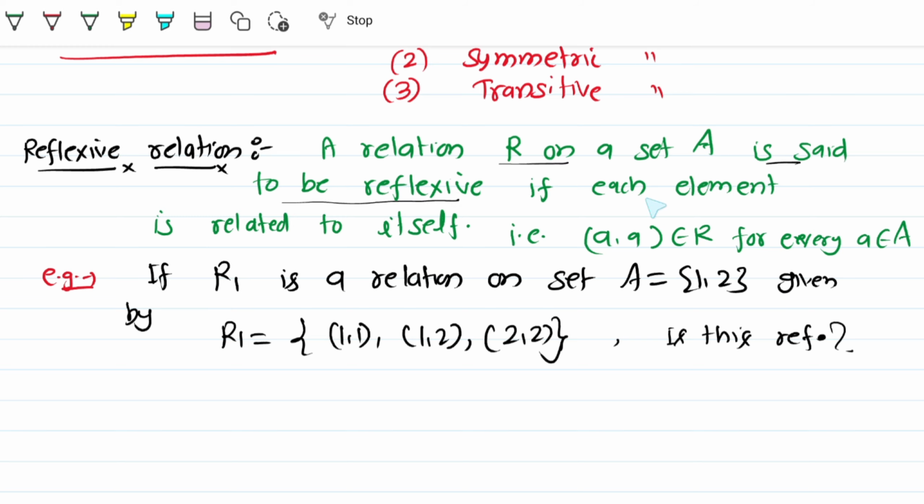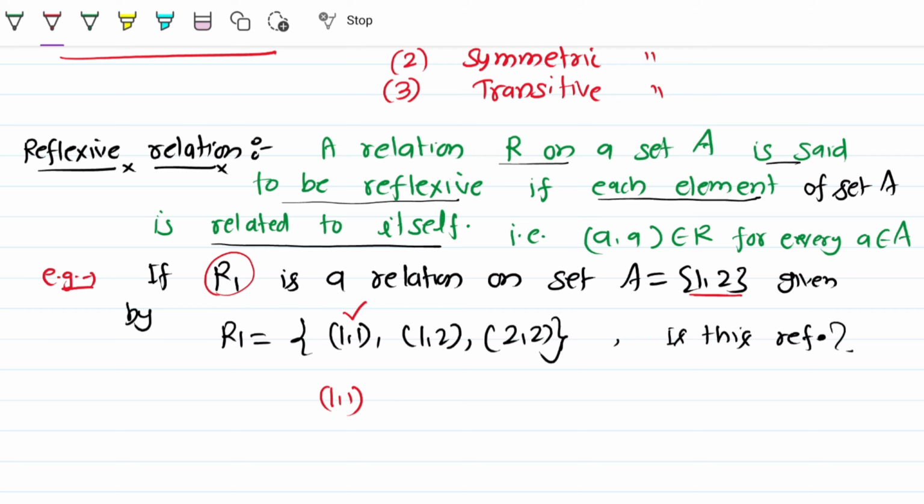Now see the definition. Definition says that each element of set A is related to itself. Now you have to see what is your set A. Here your set A is 1 comma 2. It means this R1 will be reflexive if each element of this set A is self related. It means 1 should be related to itself, so in the relation we have to look for (1, 1).